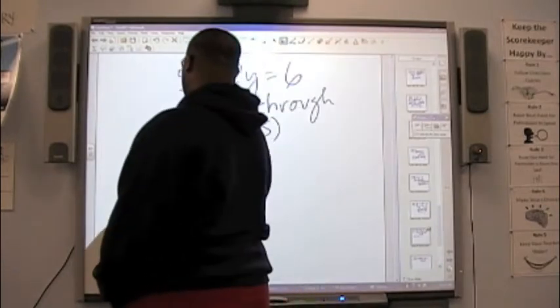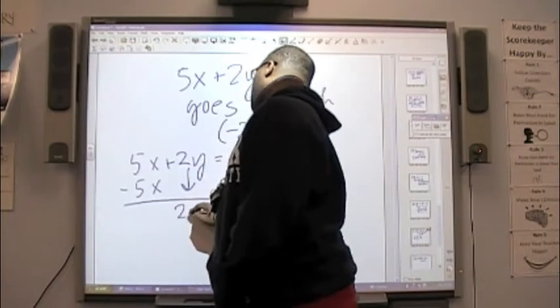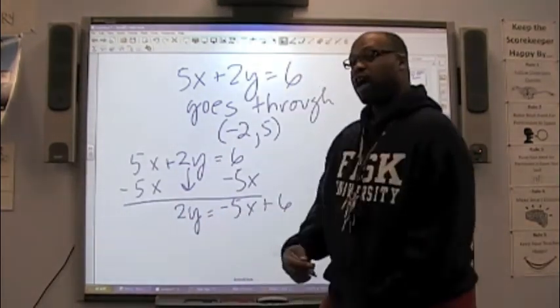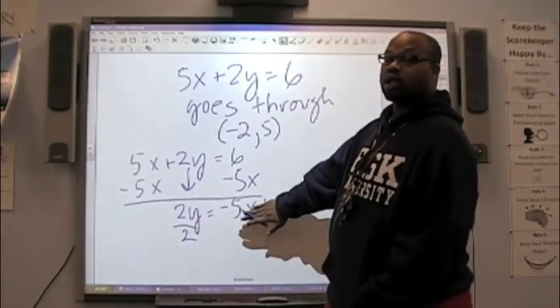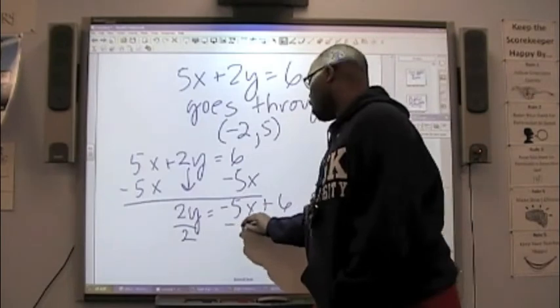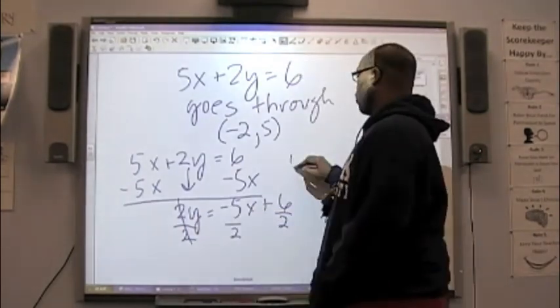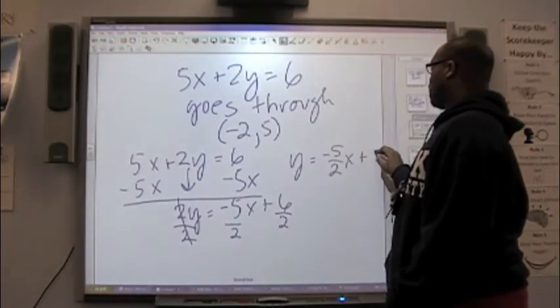So I subtract 5x from both sides, drop down my 2y, and divide by 2. If I divide a side with 2 terms by 2, you divide every single one of those terms. This cancels out, and y is going to be equal to negative 5/2 x plus 3.